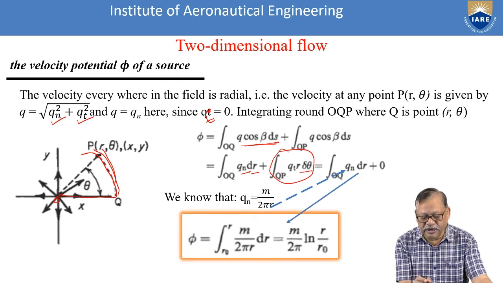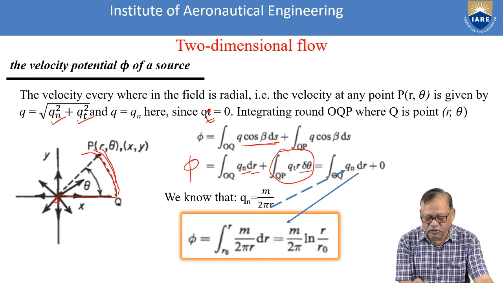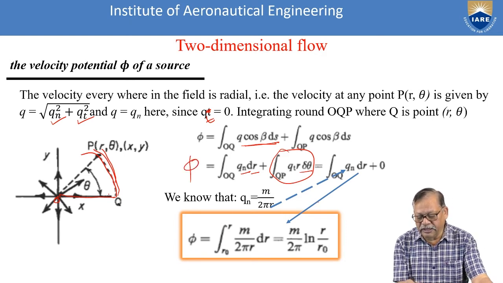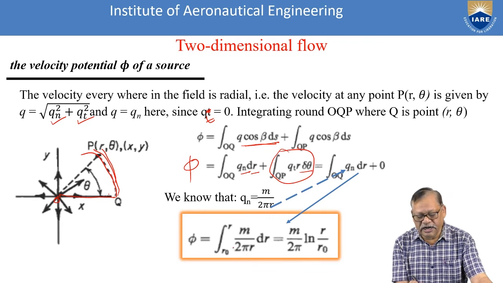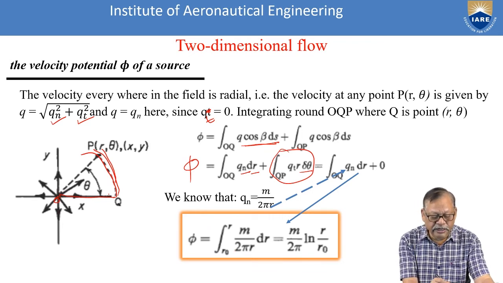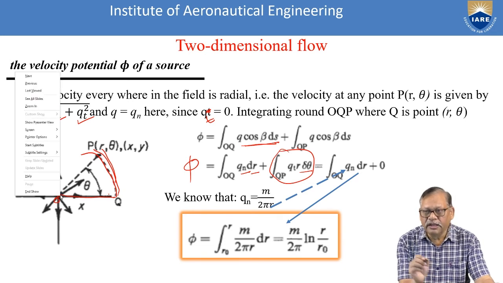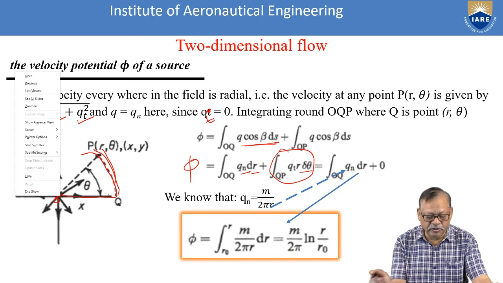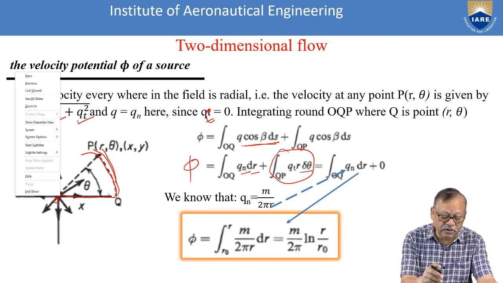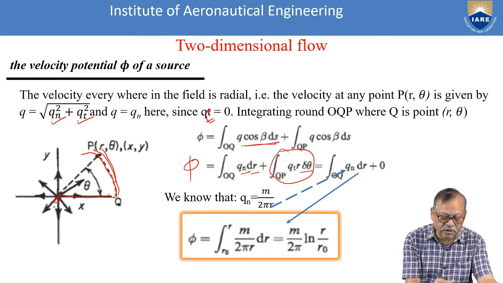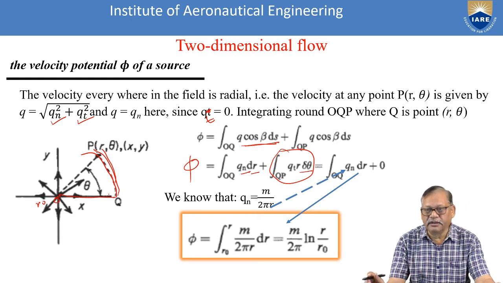Phi is equal to the integration from the origin to the considered point. Let the origin be r0, and this is the point r.